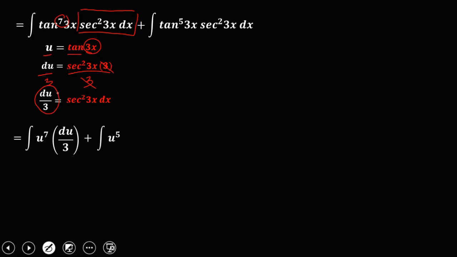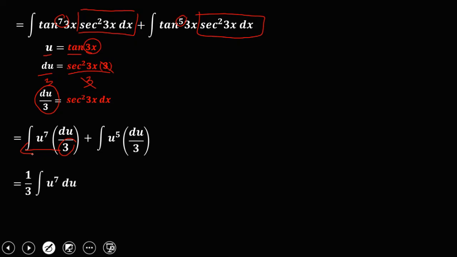Then plus the integral of u to the power 5 times du over 3. Then simplify, so we need to put this denominator outside. So we have 1/3 times the integral of u to the power 7 du. Then for this one, plus 1/3 times the integral of u to the power 5 du.